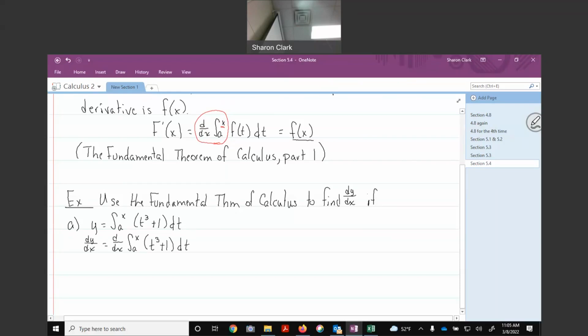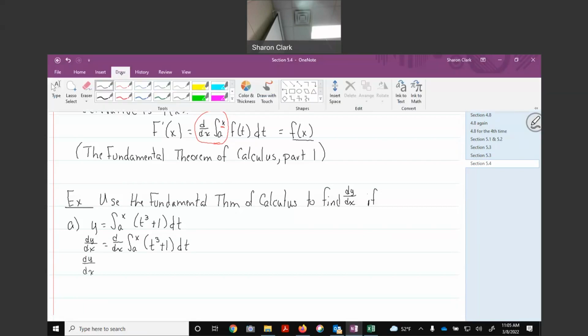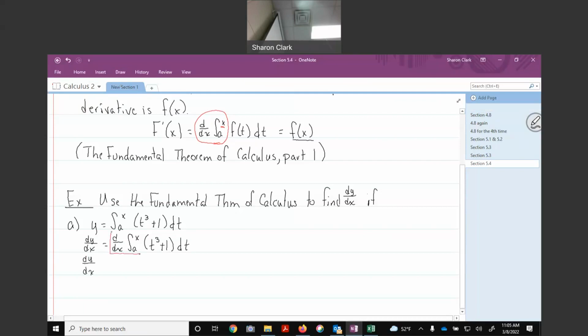Now, this is going to be the derivative of y. So dy/dx, what we're going to do is these two pieces basically cancel each other out, and we have to plug this x into the t, because they're opposite operations.